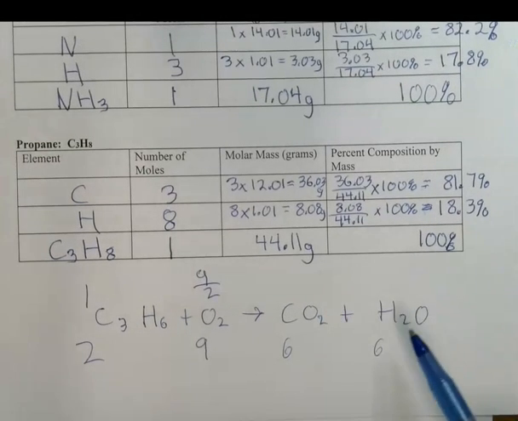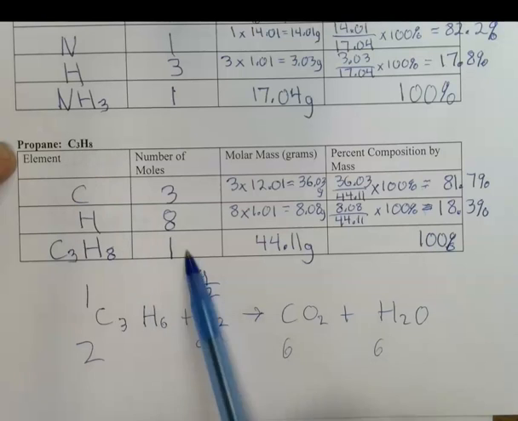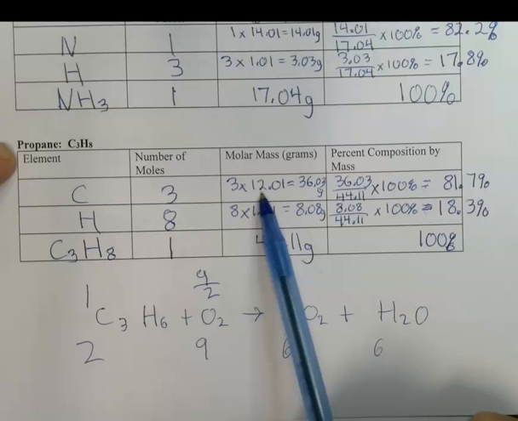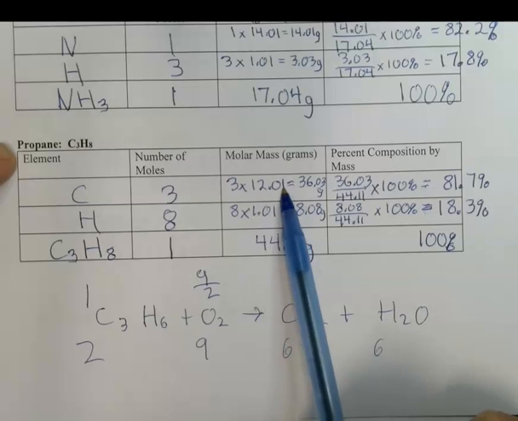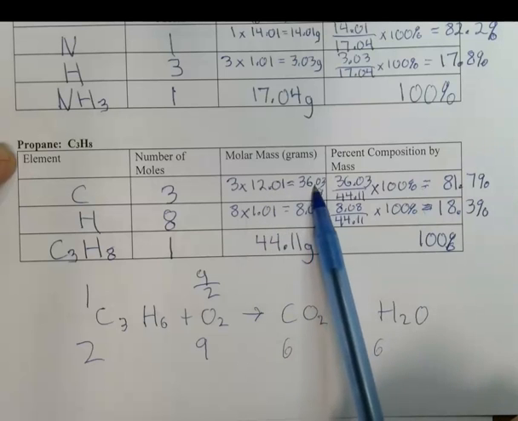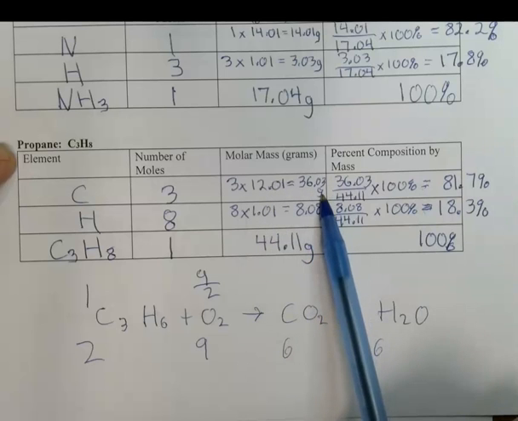Okay, next we're going to go to propane. We have C3H8, so we have 3 moles of carbon. Those 3 moles times the molar mass of 1 mole of carbon, 12.01 grams, gives you 36.03 grams of carbon.